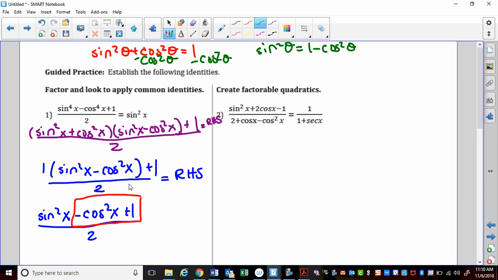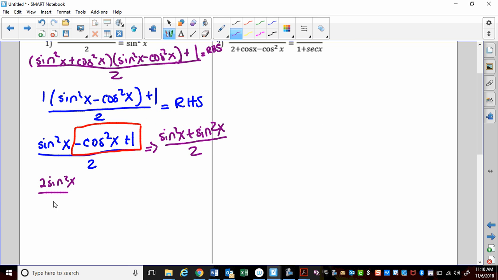So I know that 1 minus cosine squared x is equal to sine squared x still plus, this is equal to sine squared x all over 2. Now, sine squared x plus sine squared x is 2 sine squared x's over 2. And 2 over 2 will cancel, and we're left with sine squared x equals the right-hand side, which is sine squared x.